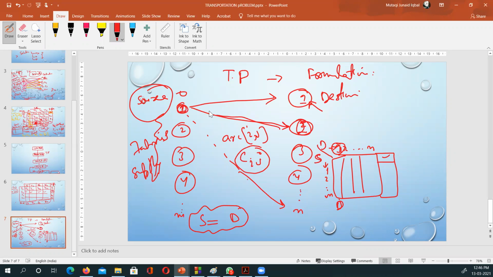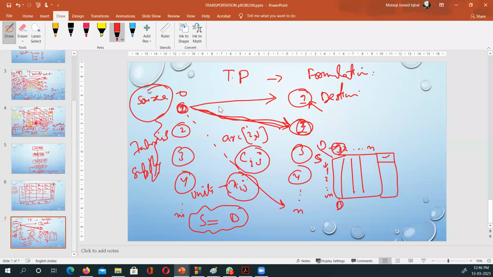So this arc will have two pieces of information. One is the cost of that, and second is the xij, what we usually say. Xij is the quantity which is transported, how many units you have transported from a particular location to another location. And this one is the cost per unit.